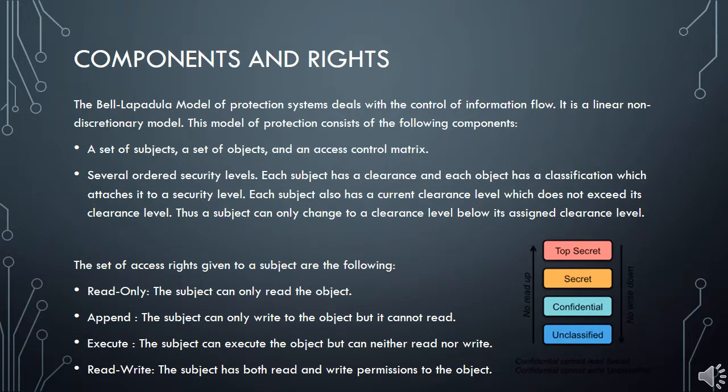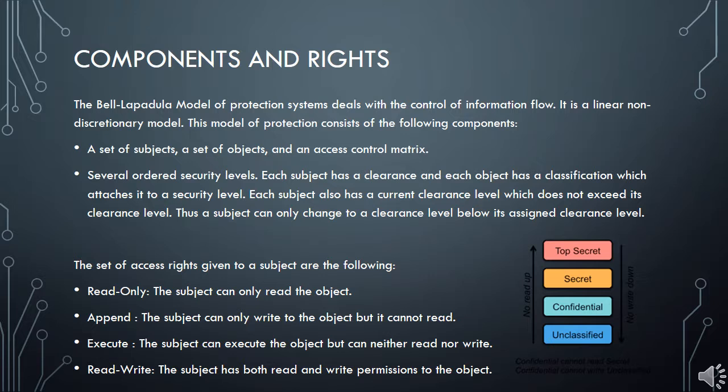In this section, I will talk about components and the rights of the Bell-LaPadula model. The Bell-LaPadula model of protection systems deals with the control of the information flow. It is a linear, non-directional model.